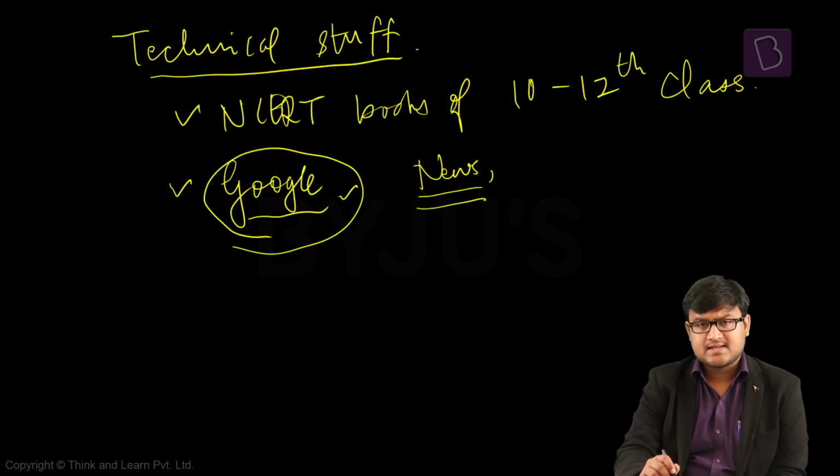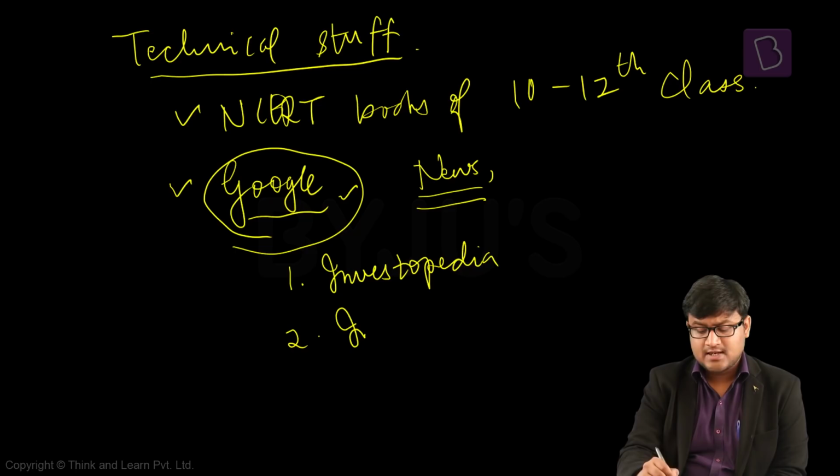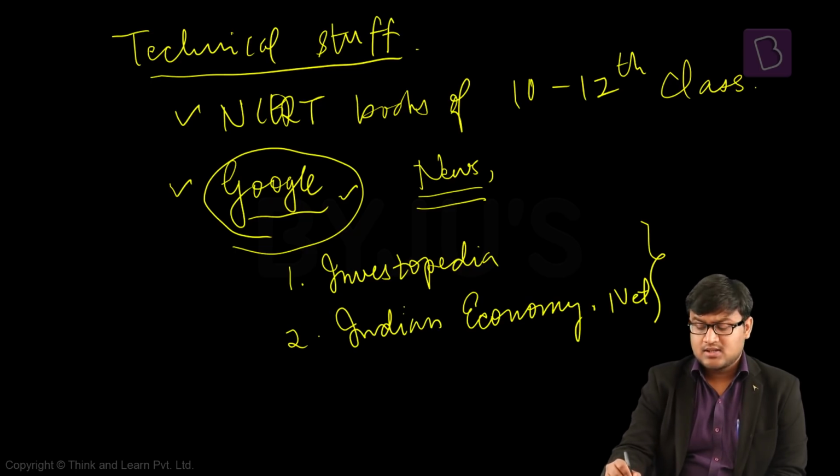There are many websites and many resources that are available. One that I would like to suggest, in fact, two that I would like to suggest are Investopedia, and second one is indianeconomy.net. I heavily relied on these two resources to see any technical terminology that would come my way.